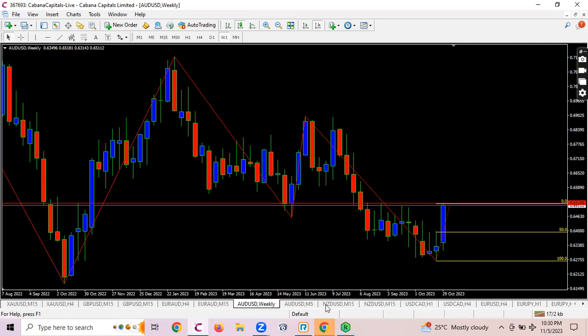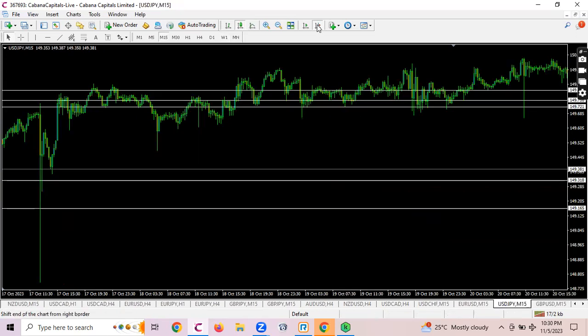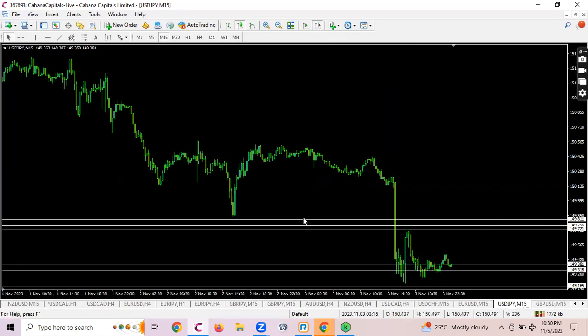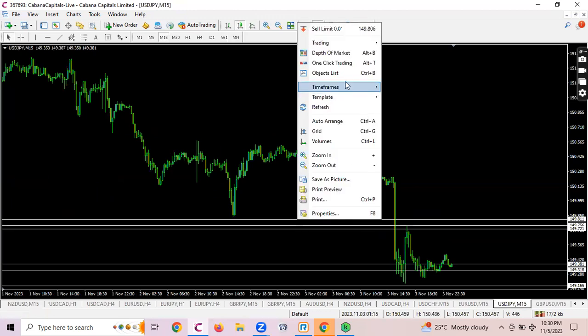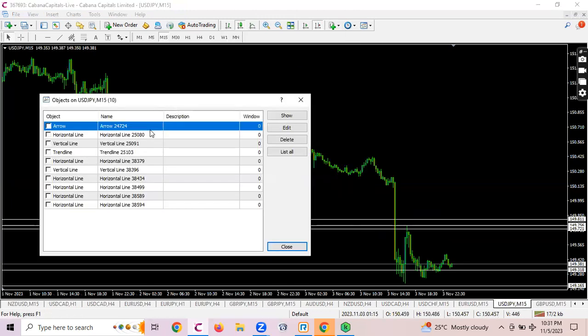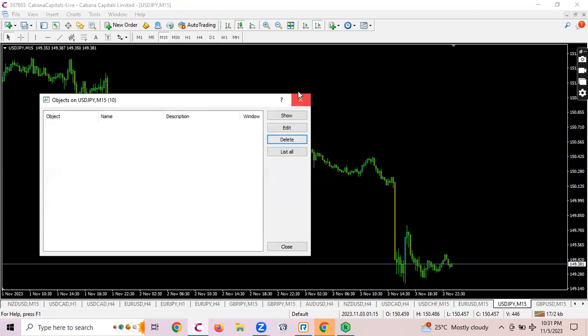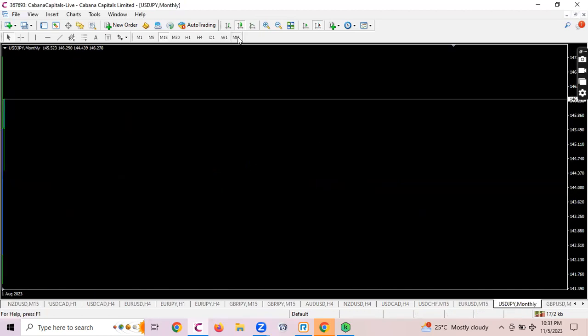The next pair we'll be looking at is USD JPY. So we'll start with it. Let's look at the monthly.